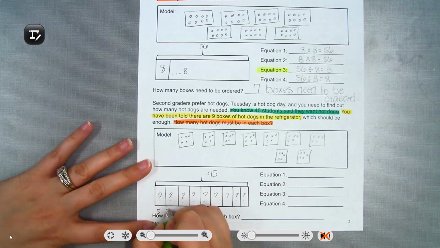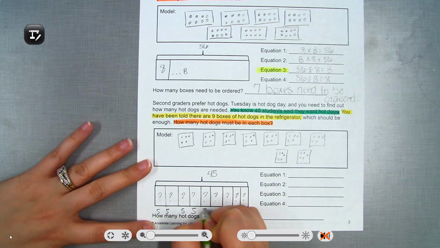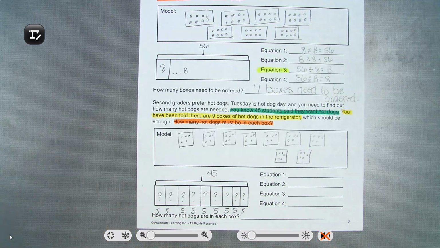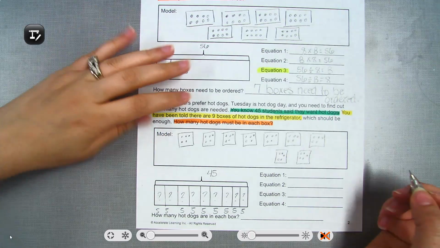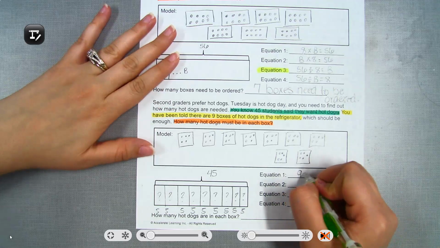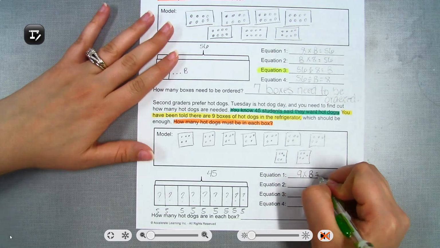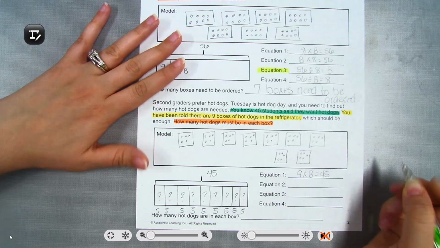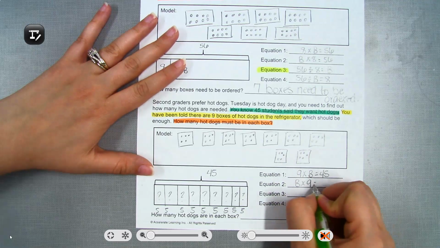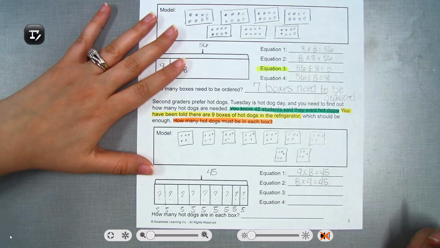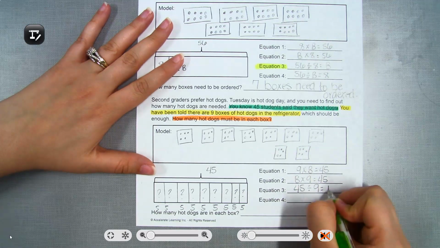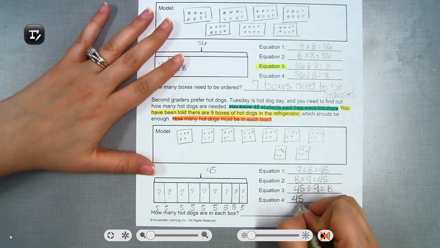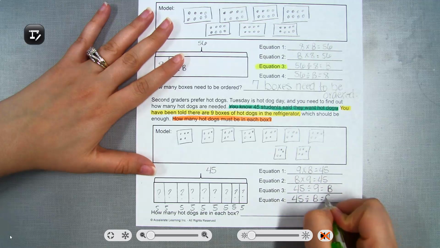You can write 5 underneath because we know that 5 are going to be in each box. So what equations, how can we solve this problem? Well, we can do multiplication because we know how many boxes, so we can say 9 times blank equals 45. We can say blank times 9 equals 45. We can do division. We can say 45 divided by 9 equals blank. 45 divided by blank equals 9.